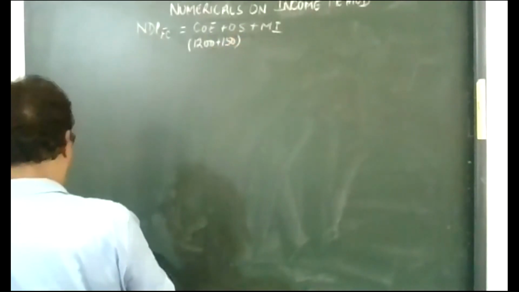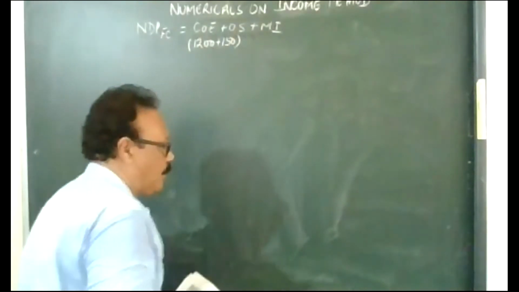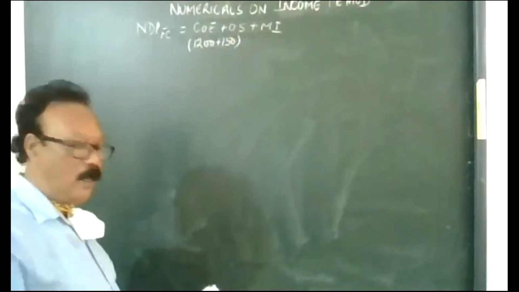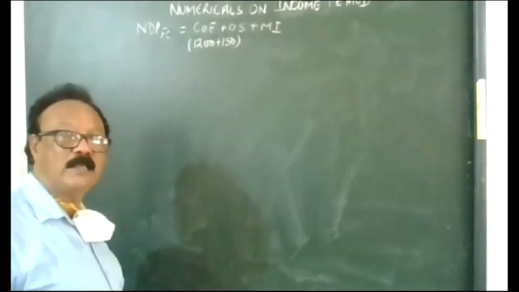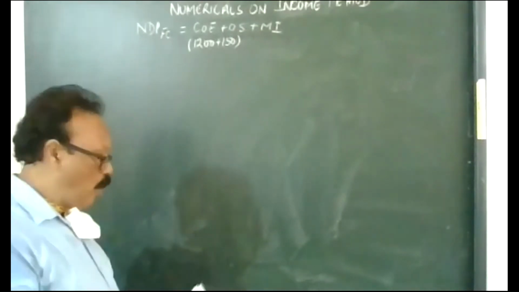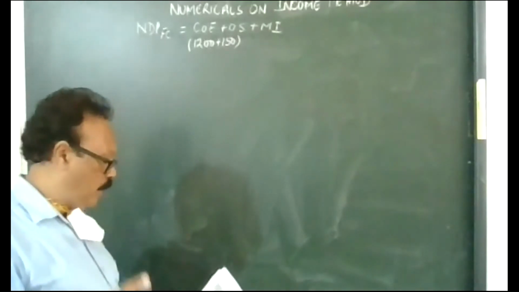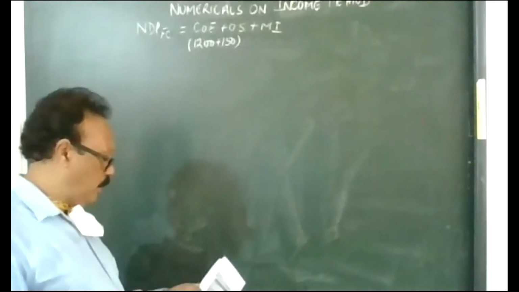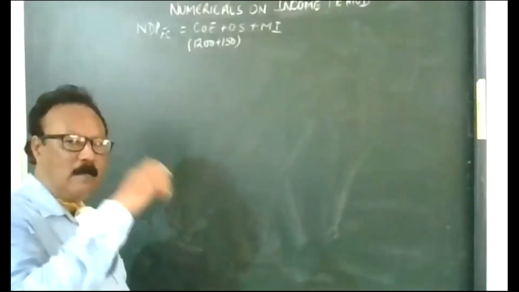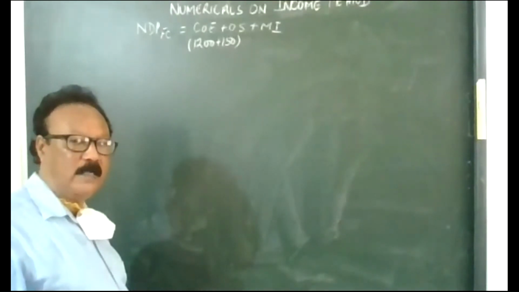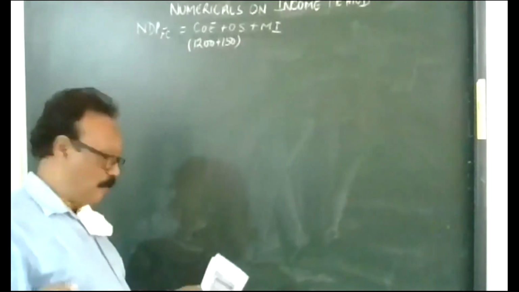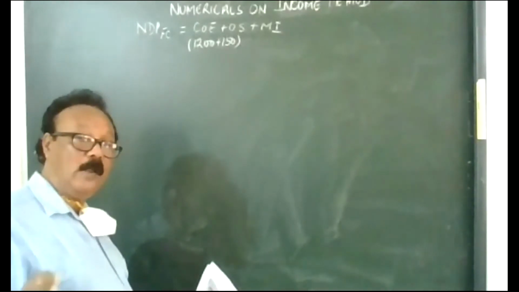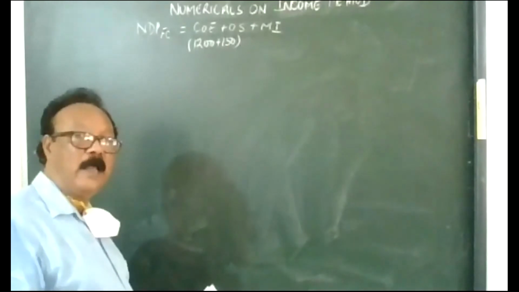Plus operating surplus. Now, children, if you see in the question, operating surplus is directly given as 600. So we do not need to take the rent, interest, and all these for operating surplus because they are already a part of the operating surplus.